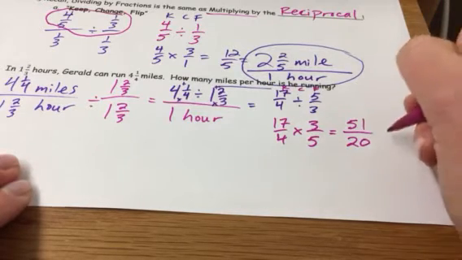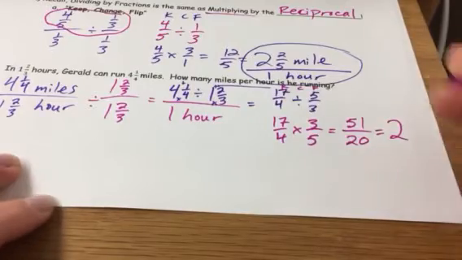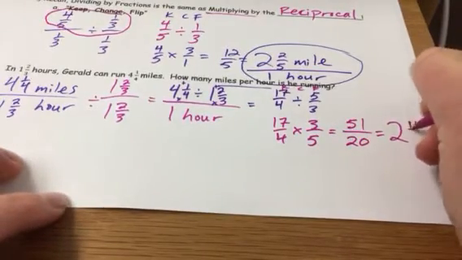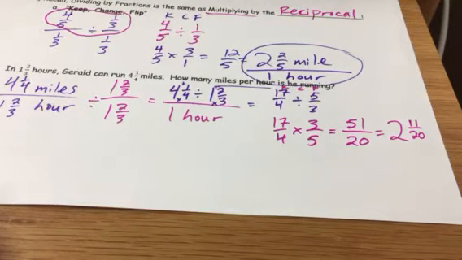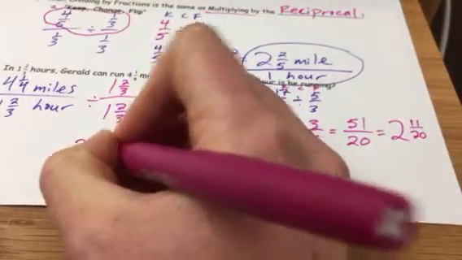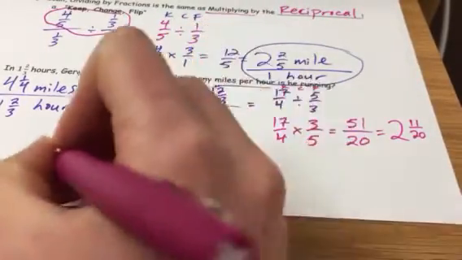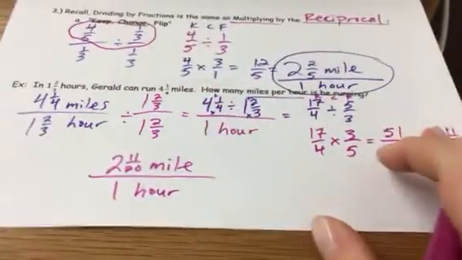Let's turn that into a mixed number. 20 goes into 51 twice, 2 whole times. That gets me to 40, which means I have 11 remaining. So that's 2 11/20 of a mile in 1 hour. Let's see if that makes sense.